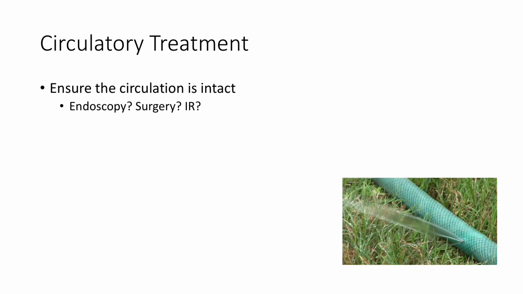So does the patient have a hole in a major blood vessel? If they do, what's the right way of managing that? Does the patient need endoscopy? Do they need surgery? Do they need interventional radiology to perhaps coil something off? But just know that you'll never be able to balance the circulation unless it actually is going round and round and not pumping out.